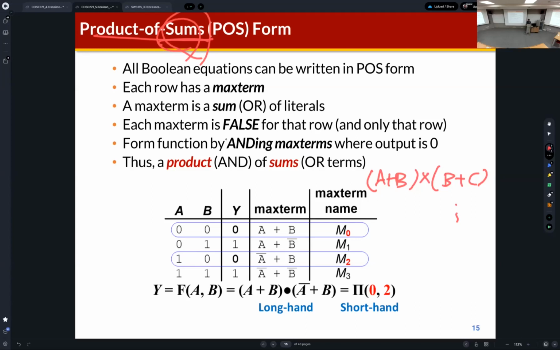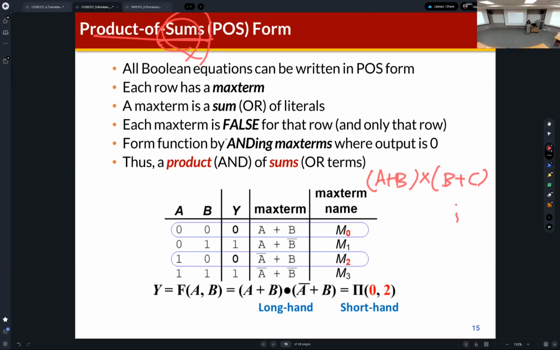So product of sums. Then like the sum of products form, the SOP form, we can also generate the product of sums based on the truth table. Okay, but it's not as straightforward as the sum of products form.